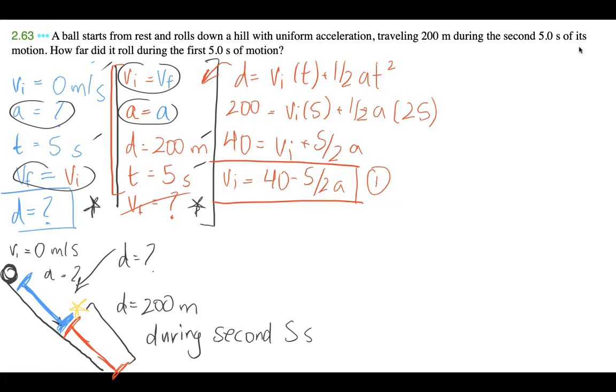Now let's look at our blue side. We have our VI, we have our T, and we have our VF. So we can create another equation, sorry, not system of equations, we're doing that right now, and we can use this kinematic equation. I'm going to plug in our values.